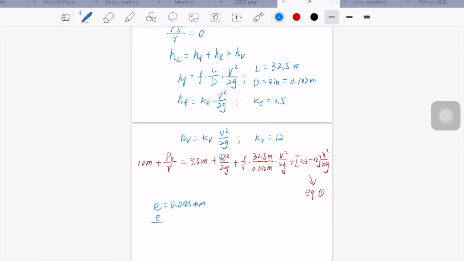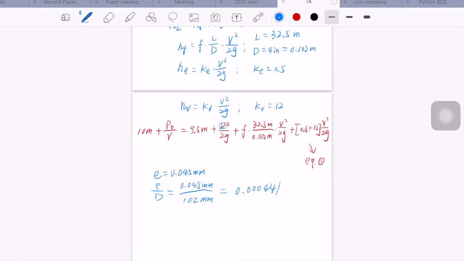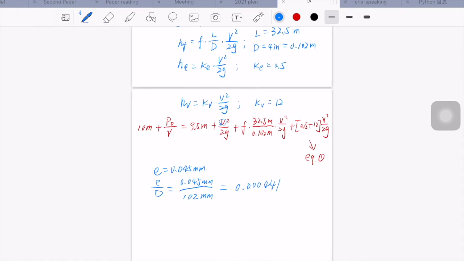So the relative roughness equals 0.046 millimeter divided by 102 millimeter. So the value is 0.00045. So according to the Moody diagram, we assume f equals 0.02.